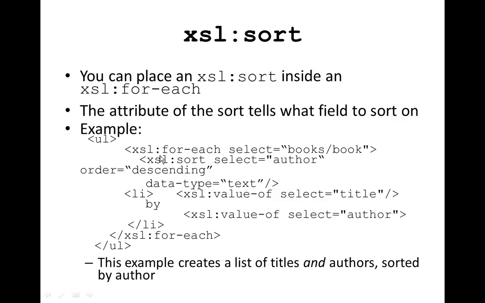But basically right after that you do xsl:sort select, and you're going to select author to sort these on, and then you're going to create an order, either ascending or descending. Ascending means if it's numeric, it's going to go 0, 1, 2, 3, 4.